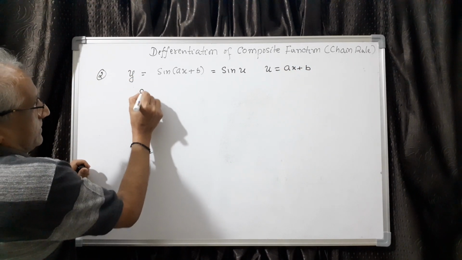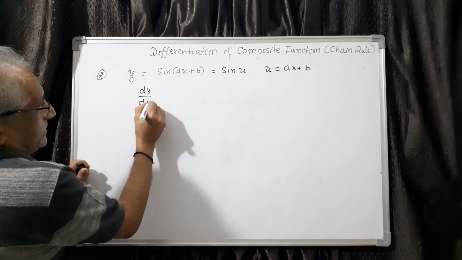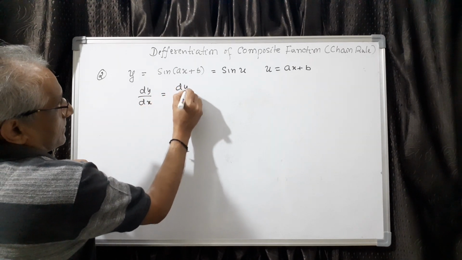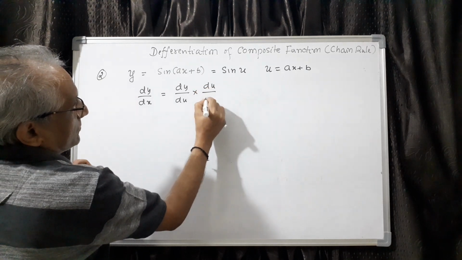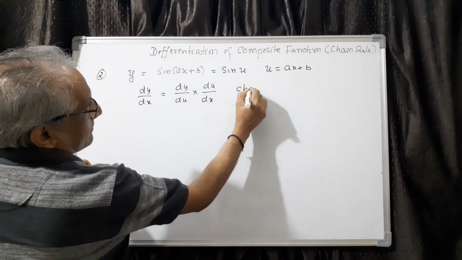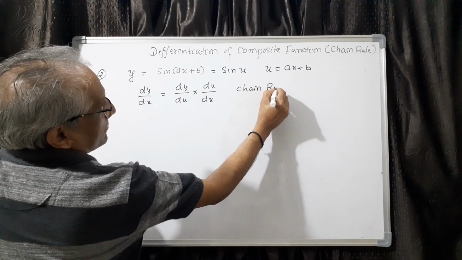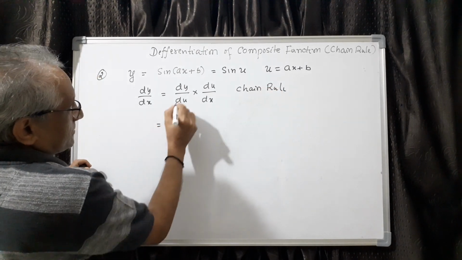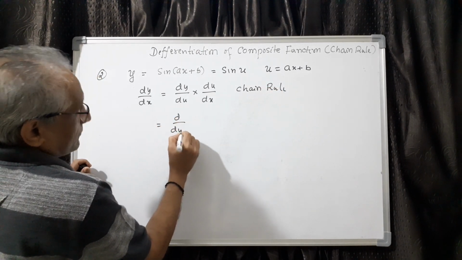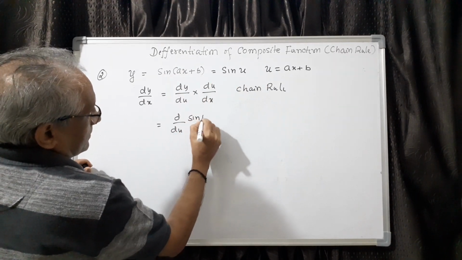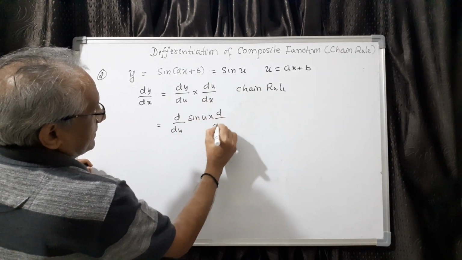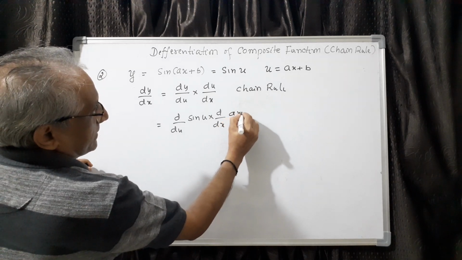Therefore the chain rule is dy by dx equal to dy by du into du by dx. So it is always better to write the chain rule. Then you substitute d by du of y. y is sin u into d by dx of u, which is ax plus b.